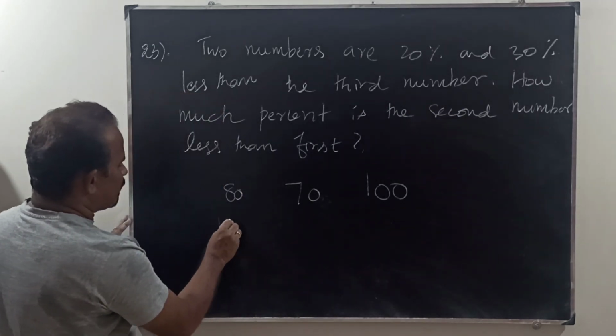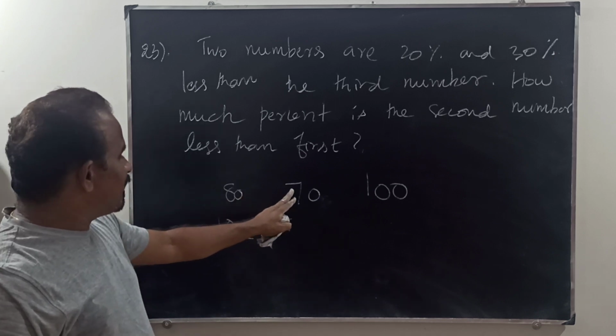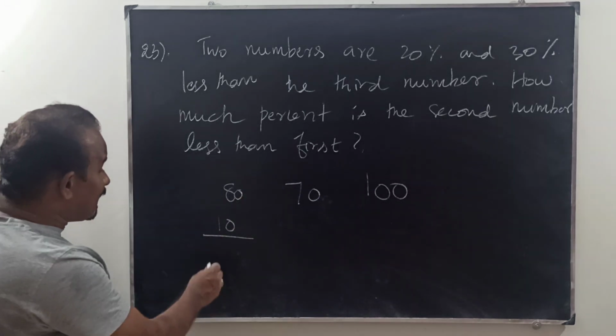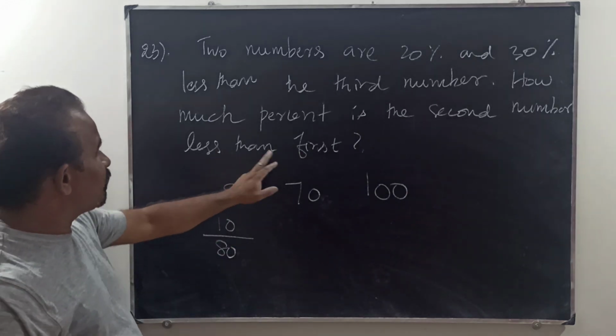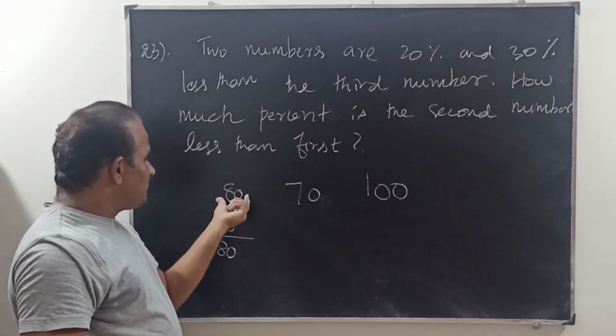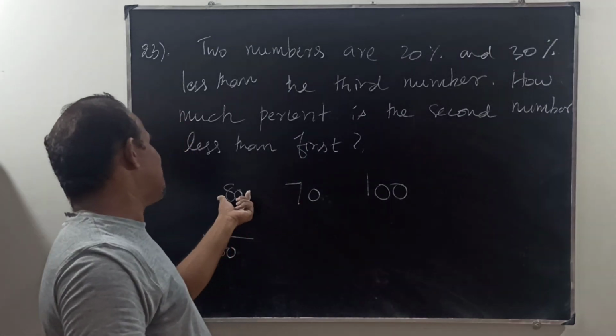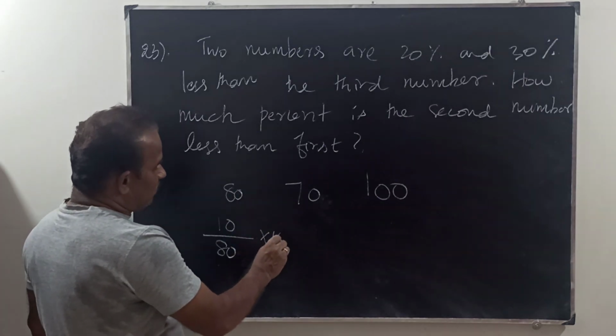How much less? 10 less. Out of 80 minus 70, divided by, out of what? 80, the first number. So the second number is how much percentage less than the first number? Therefore 10 by 80 into 100.